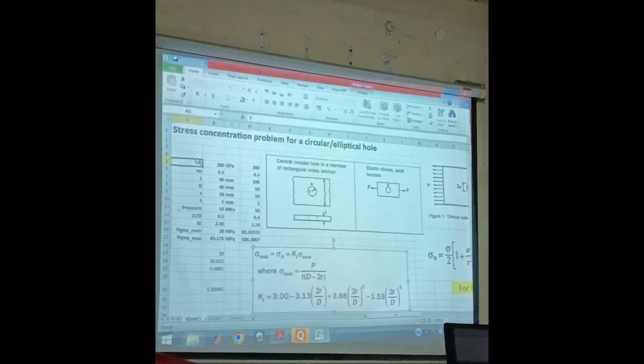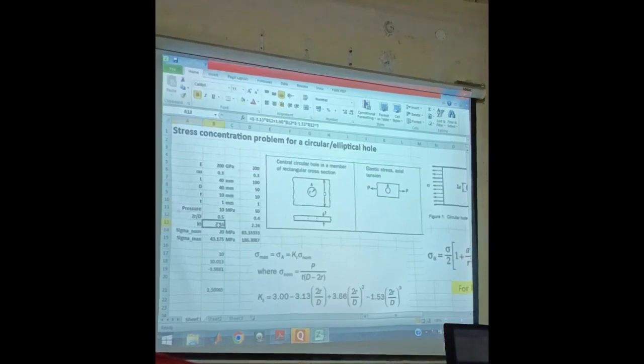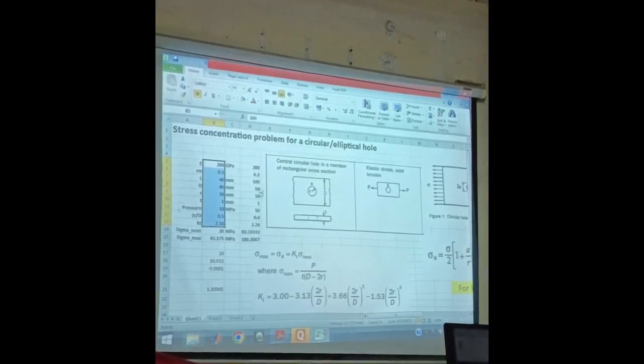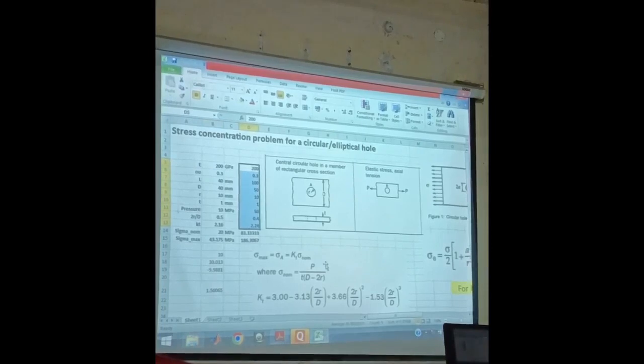And if I have E value, mu value, length value, this is the length, D value, R value, T value, pressure value, twice R by D value. Kt value theoretical is this. For this set, if I change a value, say pressure from 10 MPa to 50 MPa, or R by D to something else, then I can get this value.